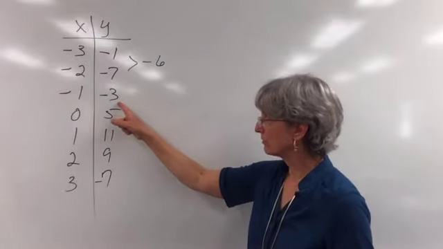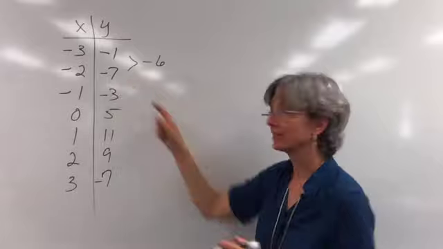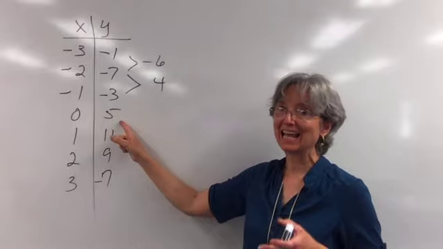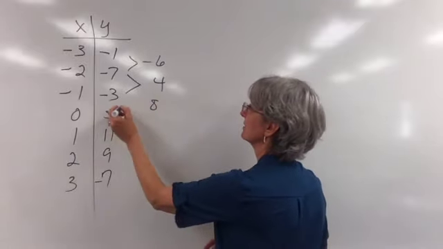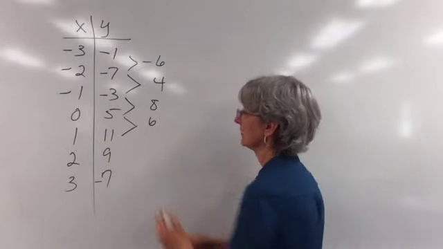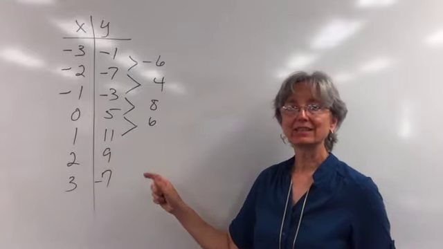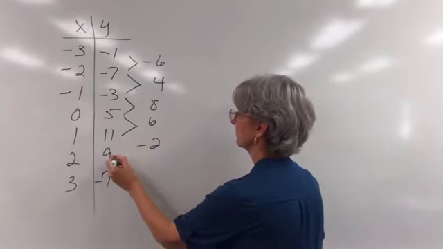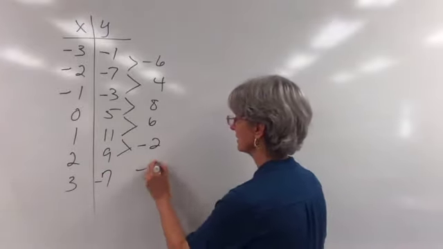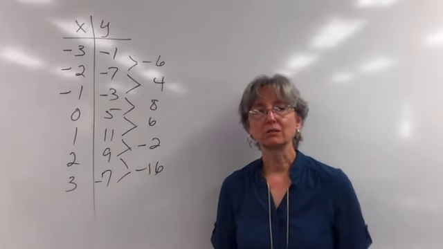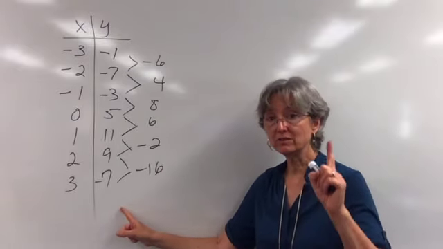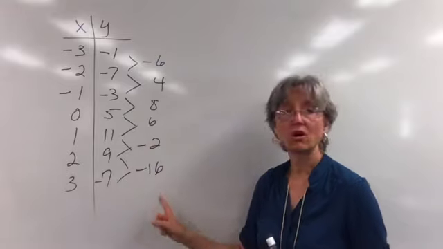Then I go -3 minus a -7, that's 4. 5 minus a -3, 8. 11 minus 5, 6. 9 minus 11, -2. -7 minus 9, -16. And you may be thinking at this point, what is she doing? Notice I have found the differences one time, and these numbers are not the same.